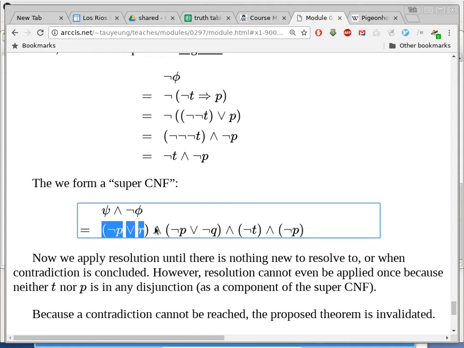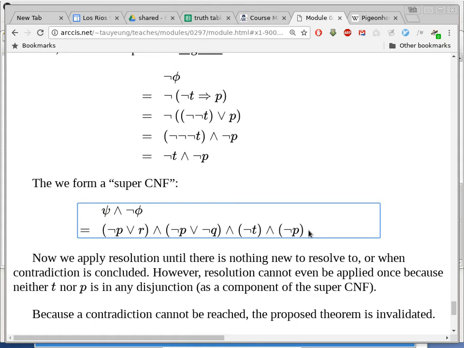We end up with this one here, and then you try to do resolution. In this case, you cannot resolve to zero. There's no resolution possible as it is, so there's no way you can resolve this to zero. That means the original phi, the WFF that we thought was a theorem, is not a theorem, because the negation of that did not lead to a contradiction.